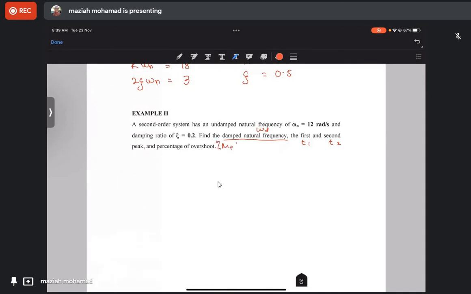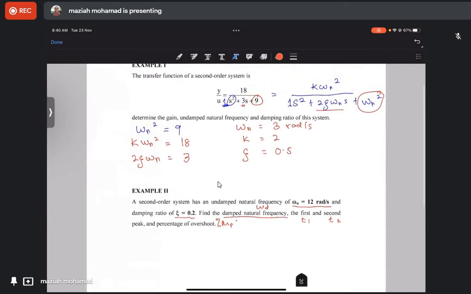All the equations require the values of zeta and omega n. Here zeta and omega n are given, so we just use them directly in the equations. But sometimes they give you the transfer function, so you need to determine the values from it.